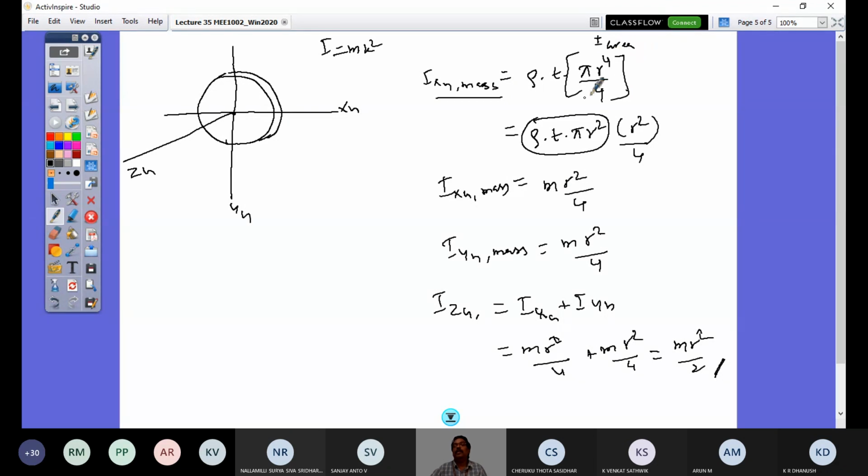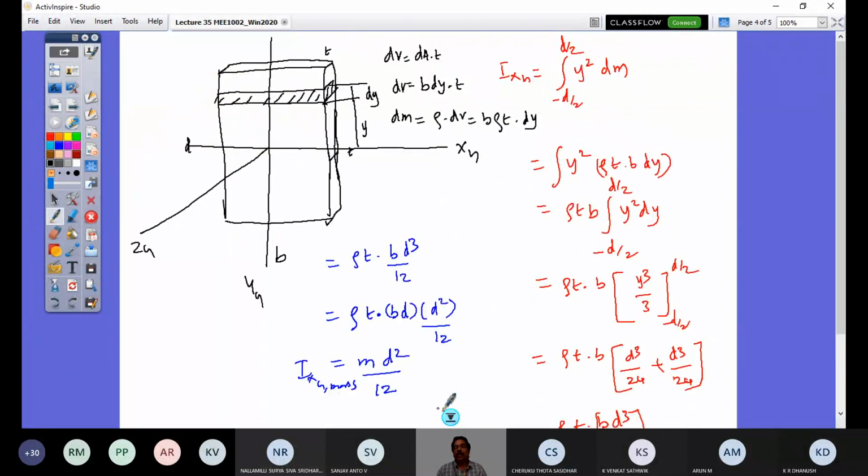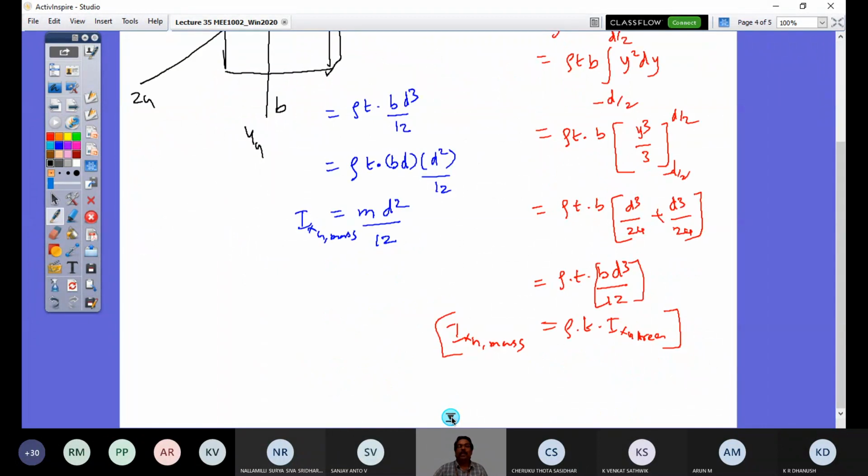Area, this, right? So same way here as well. For a rectangle also, what we have looked at, you can rewrite this formula. Like you have this md squared by 12. If you have to get Iyg mass, then it would be mb squared by 12. You can derive that.